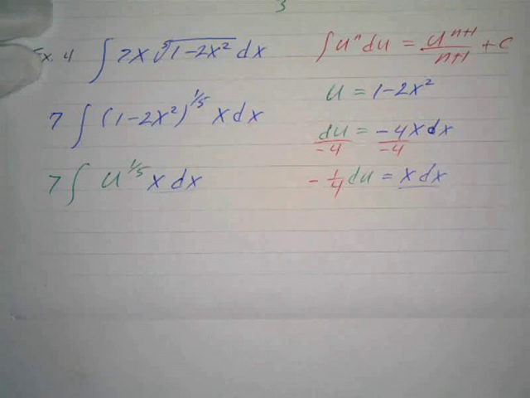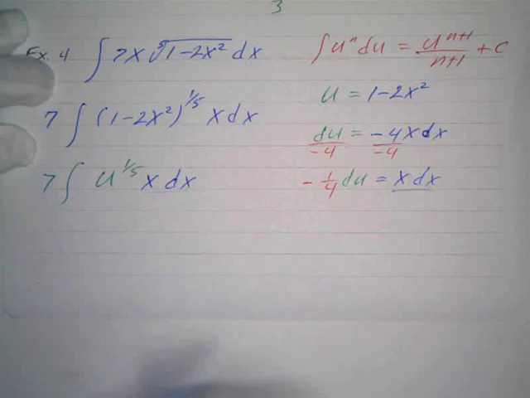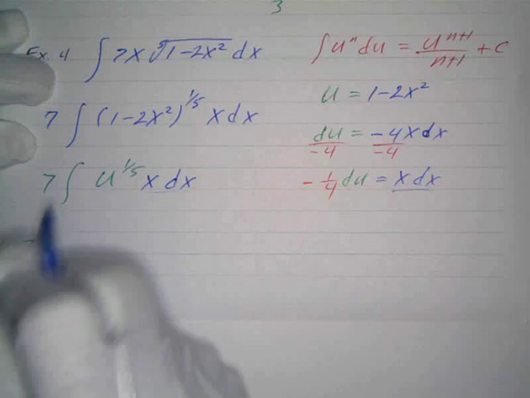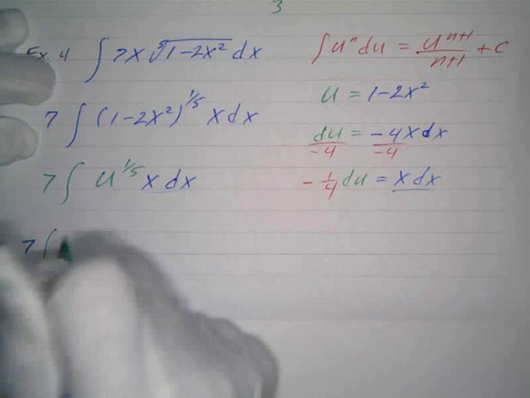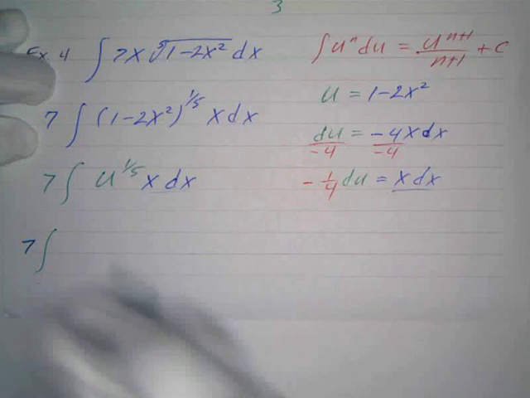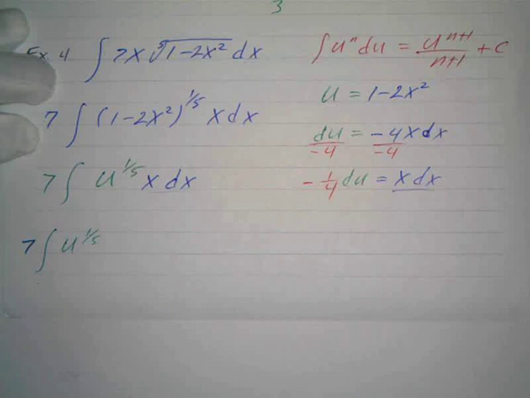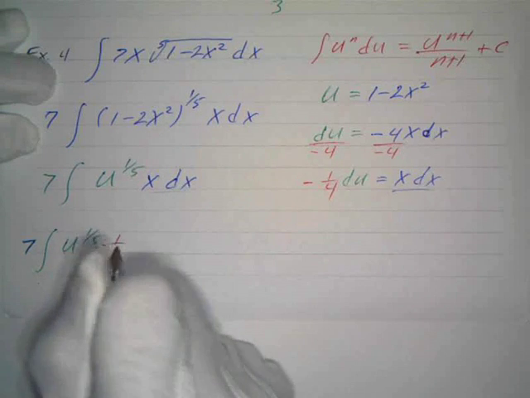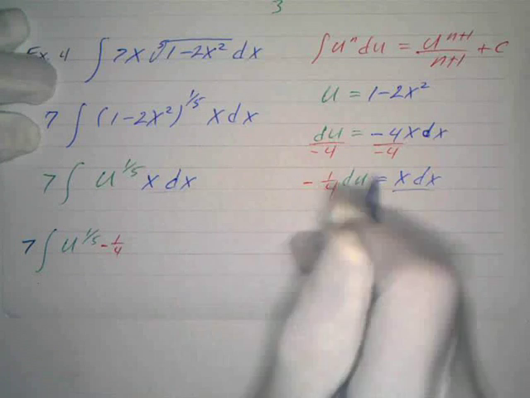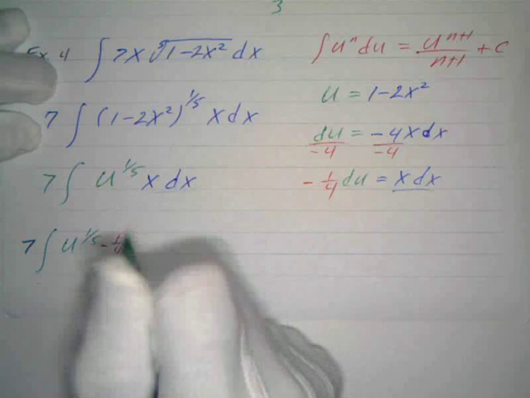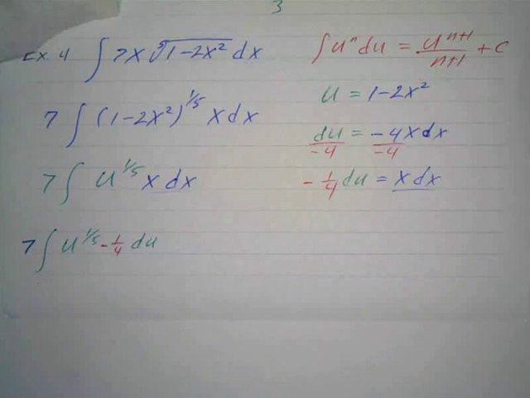I'll write this here. So we've got 7 times the integral of u to the 1/5 times negative 1/4 du, because negative 1/4 x dx is du.